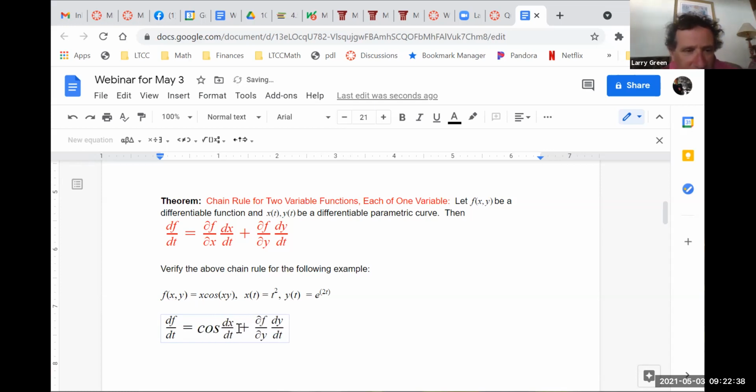You just get cosine of xy, and then plus x times the derivative of the cosine of xy. The derivative of the cosine of xy with respect to x is going to be negative y sine of xy.